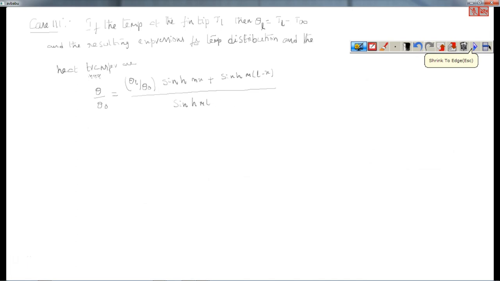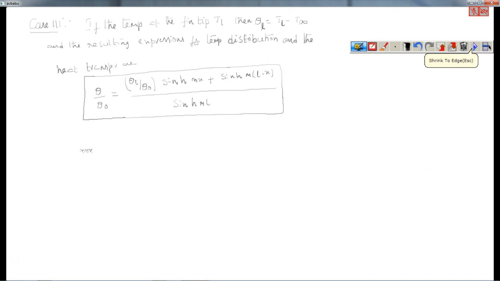This is the temperature distribution in the case when the tip is maintained at a temperature TL, and the temperature difference theta L is defined as TL minus T infinity, where T infinity is the ambient or surrounding temperature.